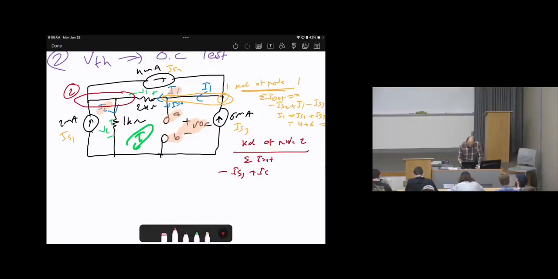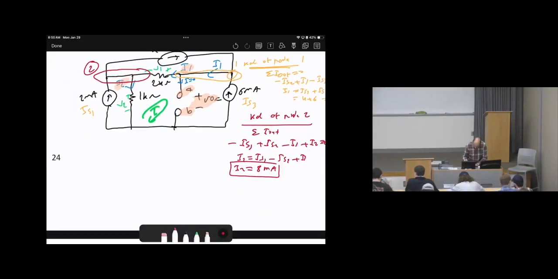IS2 is leaving, plus IS2. I1 is entering, so minus I1. I2 is leaving, plus I2 equals 0. Therefore, I2 will be IS1 minus IS2 plus I1. So the answer will be 8 milliamperes for I2. So we know I1, we know I2.